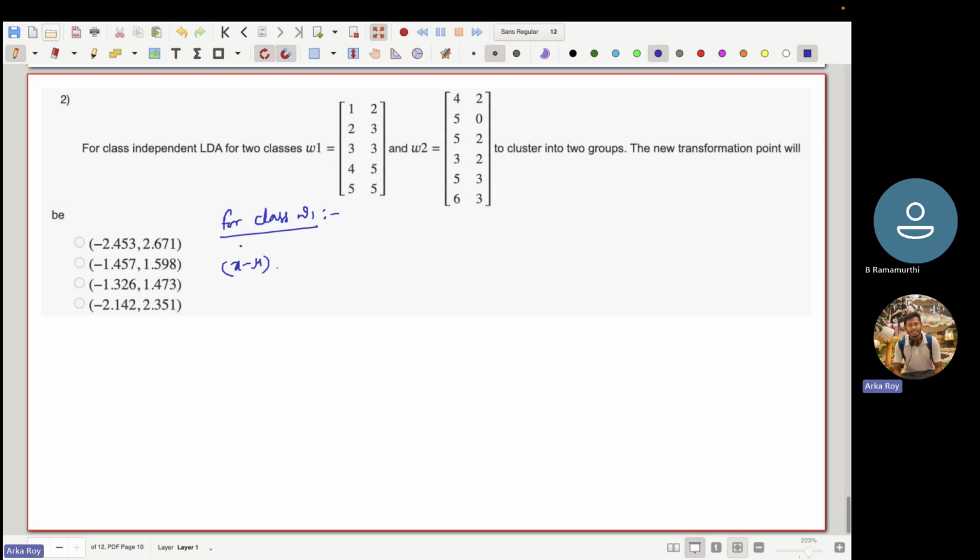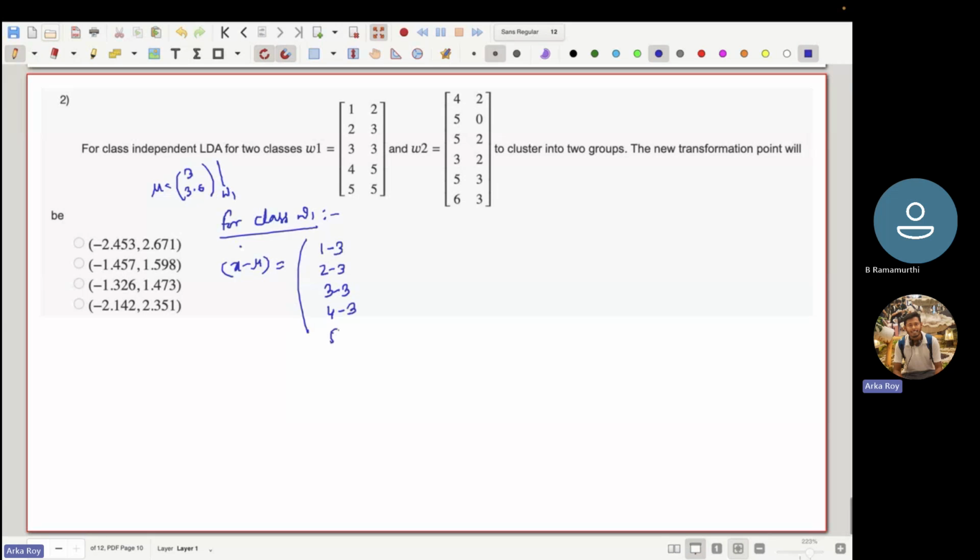So x minus mu is 1 minus 3, because mu was 3 and 3.6 for class omega 1. The 3 is for the x dimension and 3.6 is for the y dimension. So it is 2 minus 3, 3 minus 3, 4 minus 3, 5 minus 3.